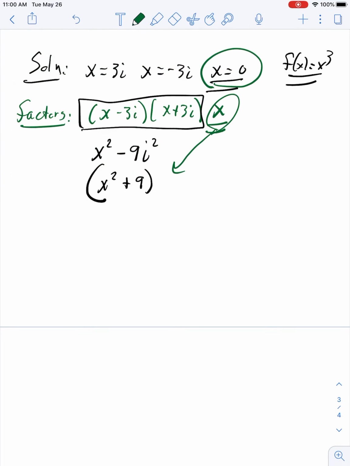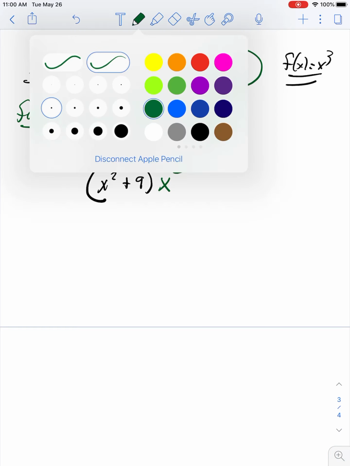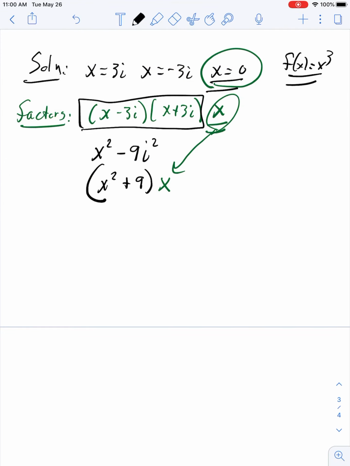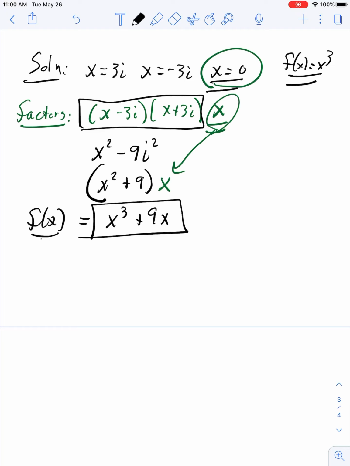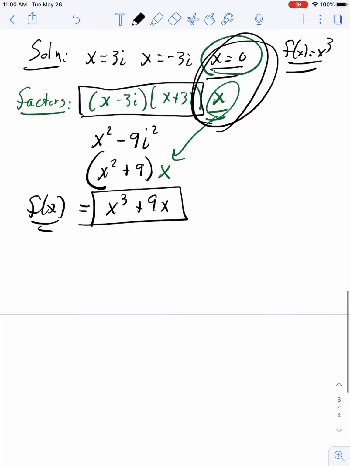Now bringing down my x and finishing multiplying that out, that would be x cubed plus 9x. And I probably should put this as f of x as a function. So hopefully that makes sense in terms of the x equals 0 piece. Always do that last.